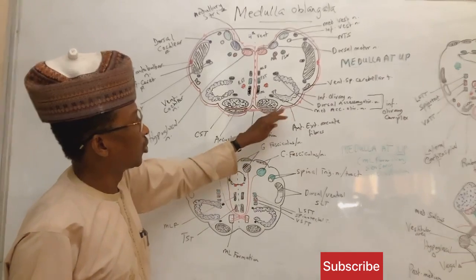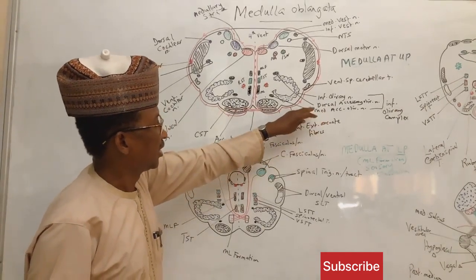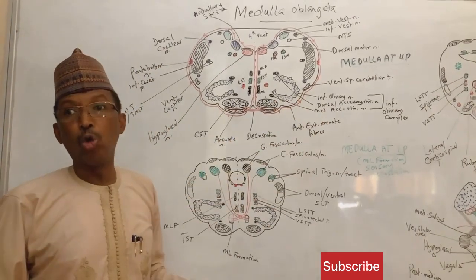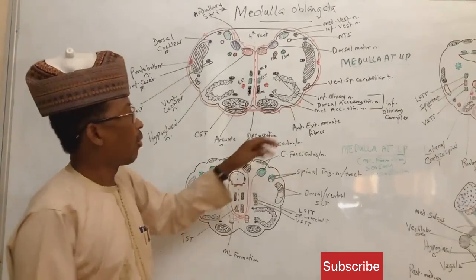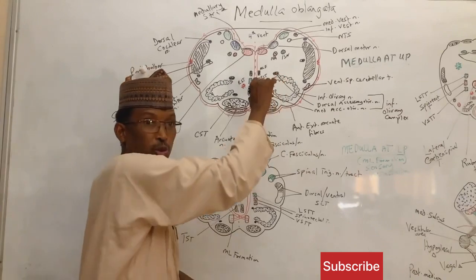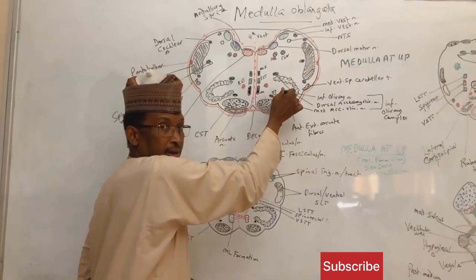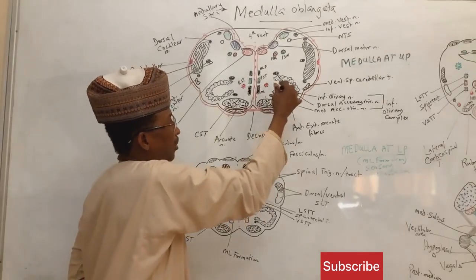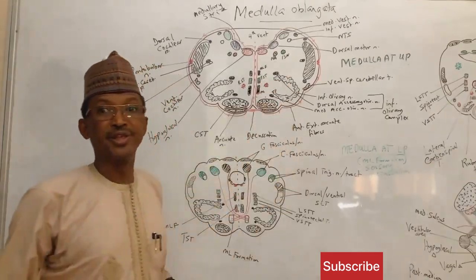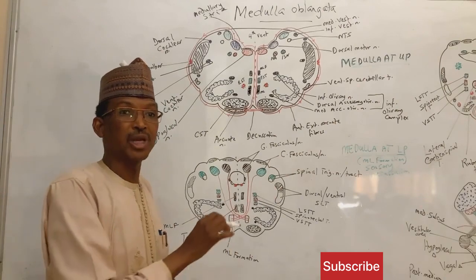While the inferior olivary complex is responsible for the olivocerebellar pathway, whereby fibers from either of these nuclei, whether from the principal nucleus or the medial or the dorsal, now enter into the cerebellum through the inferior cerebellar peduncle.